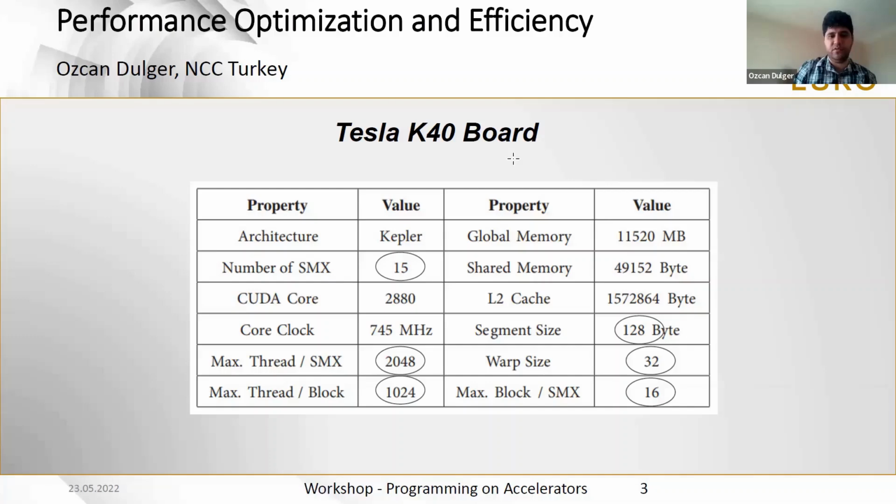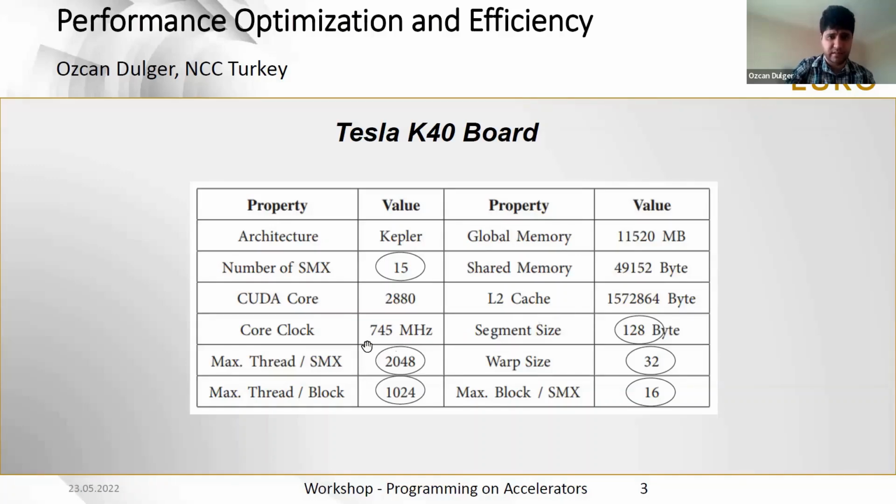I used the Tesla K40 board, and its architecture is Kepler architecture. There are some important specifications of this board. One of them is the number of streaming multiprocessors in the Tesla K40 board. It is 15, and the segment size of the global memory is 128 bytes.